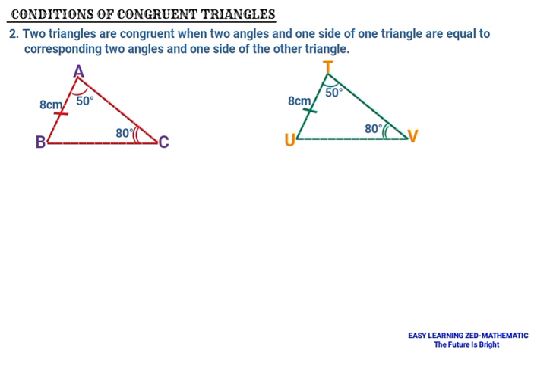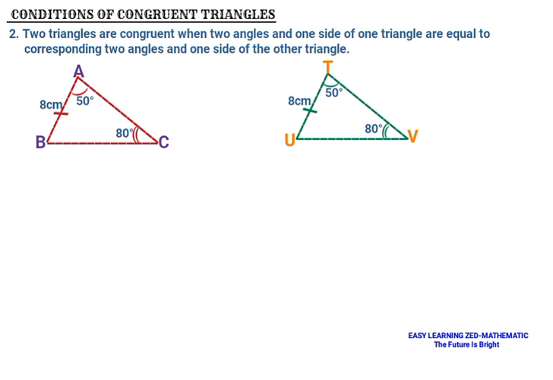When you look at these two triangles, they are the same triangles I've drawn, and they have the same measurements. So let's start with identifying the measurements.